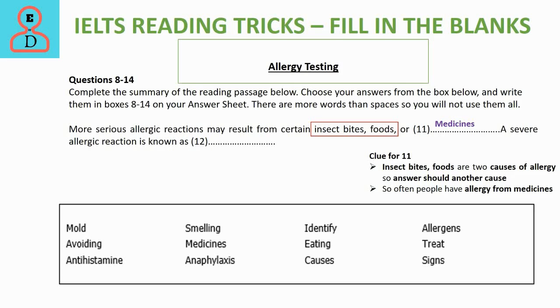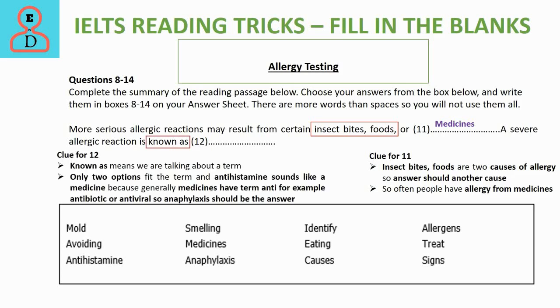Now, for blank 12, the key word is known as. Whenever this word is used, that means we are talking about a particular term and not a general term. In the options, there are only two words which can be described as particular terms.